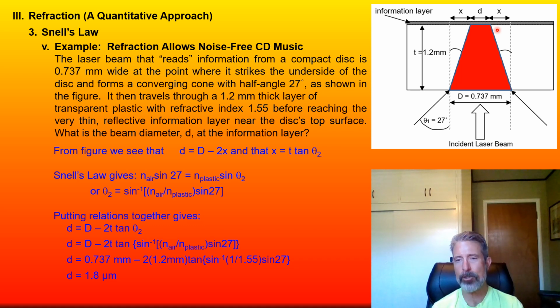Where there's a pit, it interprets a 1. There is this alternating pattern of flat portion, pit, flat portion, pit, this binary code, which is basically converted into that electrical signal to produce the sound that you ultimately hear.